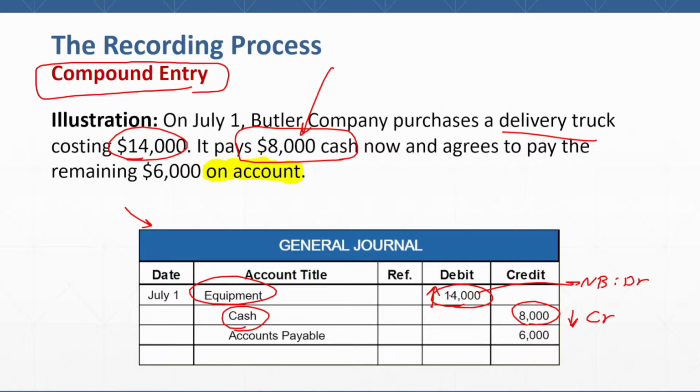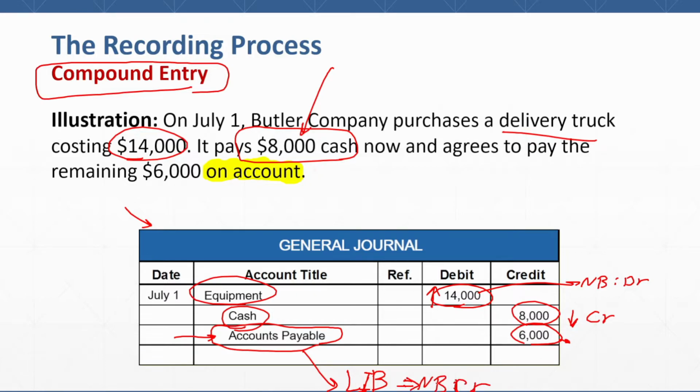We need a third account. That account is accounts payable. This is basically our promise to pay later. This is an account that we use when we promise to pay later. How much? The remaining $6,000. Why is it credited here? Because accounts payable is a liability account, and a liability's normal balance is credit.